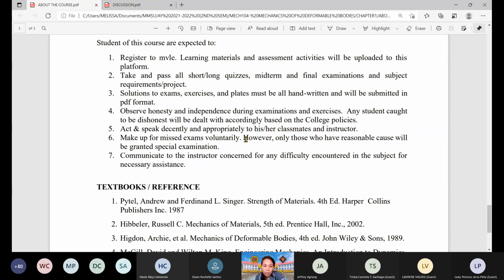And then, communicate to the instructor concerned for any difficulty encountered in the subject or necessary assistance. So, kung meron kayong hindi naintindihan, open po yung ating GC para magtanong. Okay, hindi po nakakabawas ng pagkatao yung pagtatanong. So, kung meron kayong hindi naintindihan sa klase, i-chat nyo lang dun sa GC natin and sasagutin ko yan sa aking makakaya.